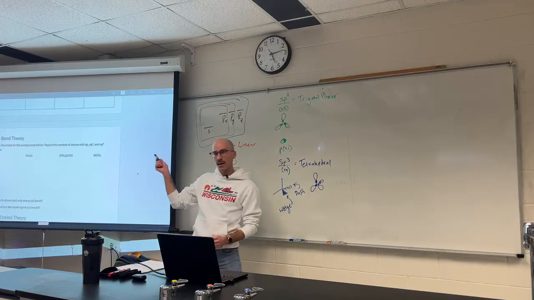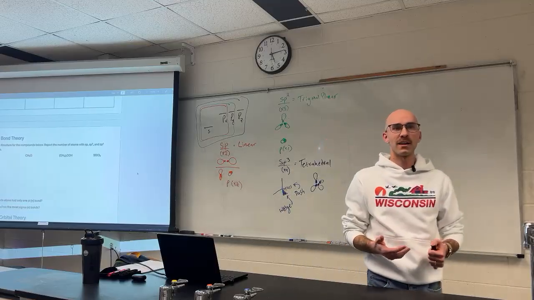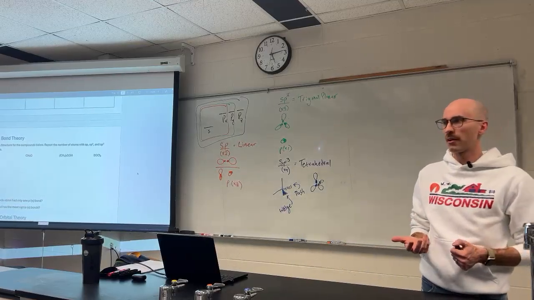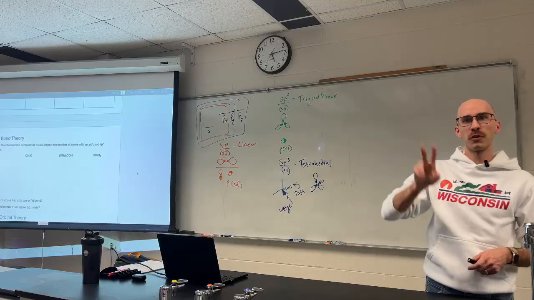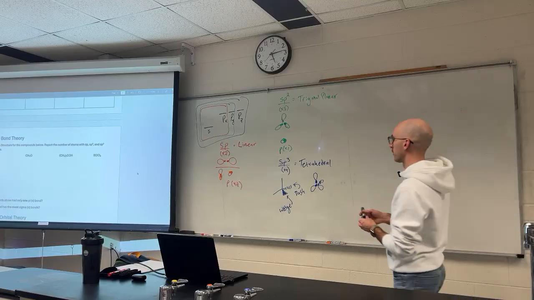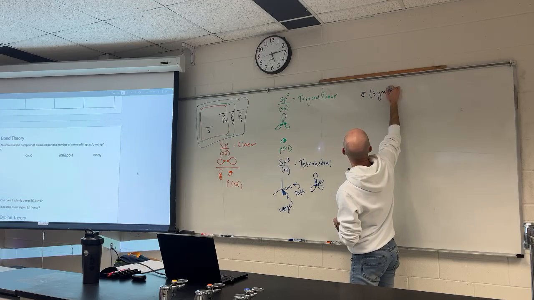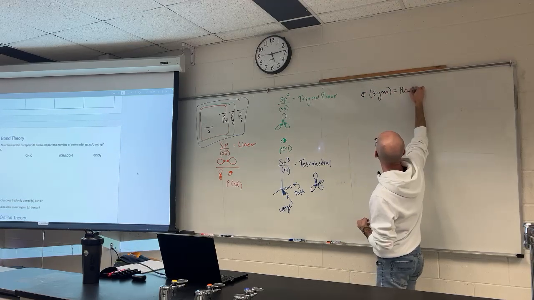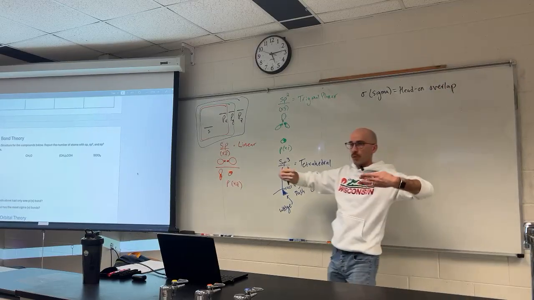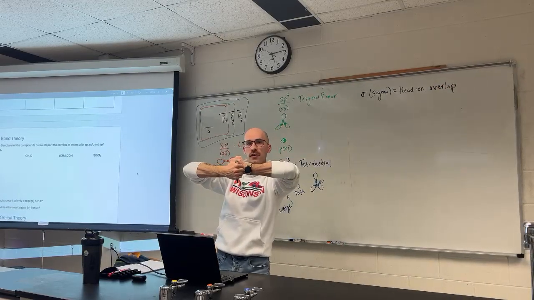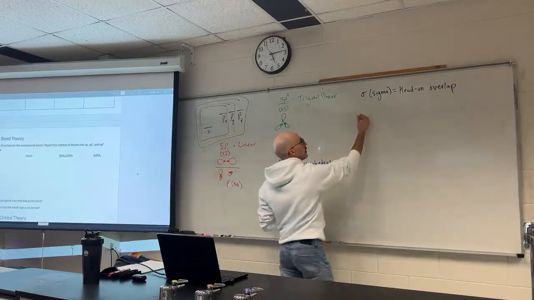So we're going to be drawing out the Lewis structures for these compounds. And we're going to identify what orbitals overlap and what types of bonds they give us. Valence bond theory is also going to define for us 2 types of bonds. A sigma bond is a head-on overlap. If orbitals point towards each other and overlap head-on, we call that a sigma bond.